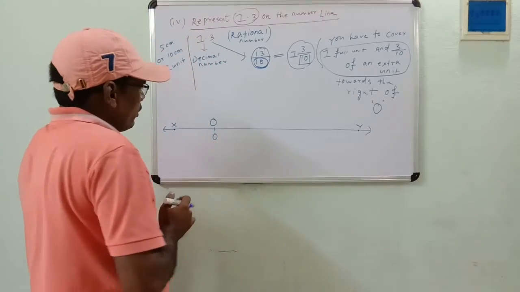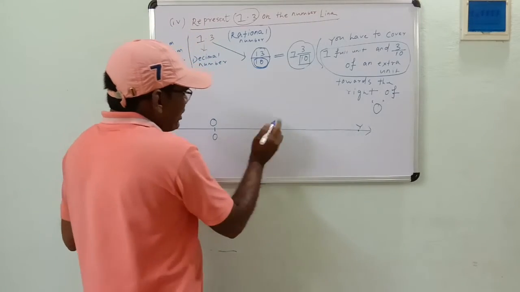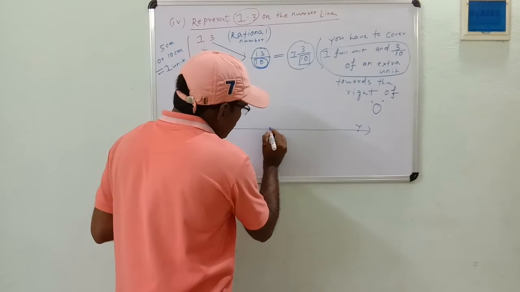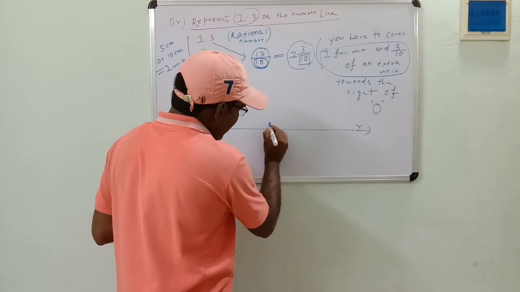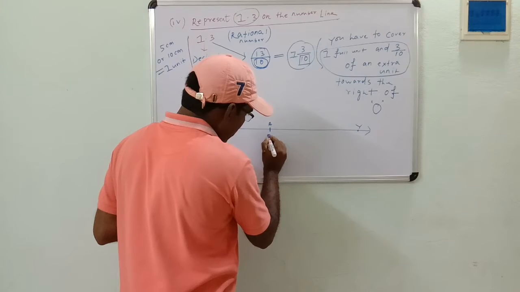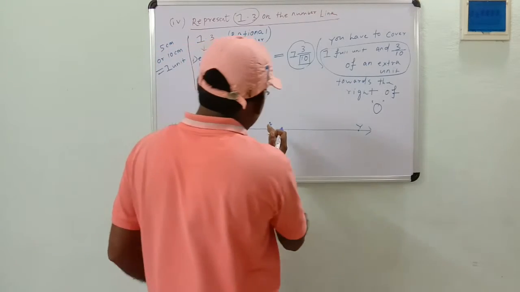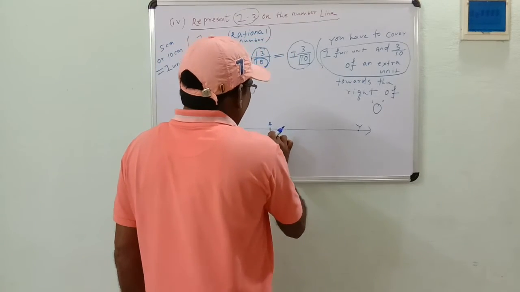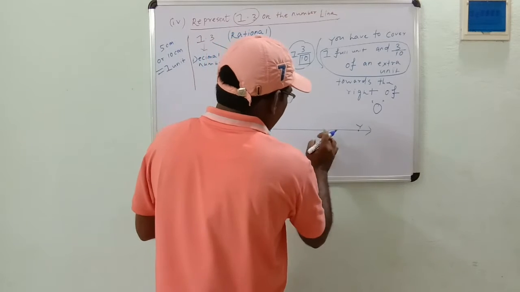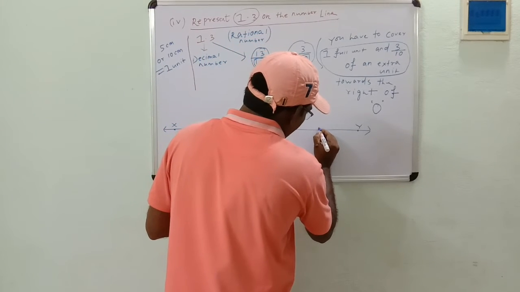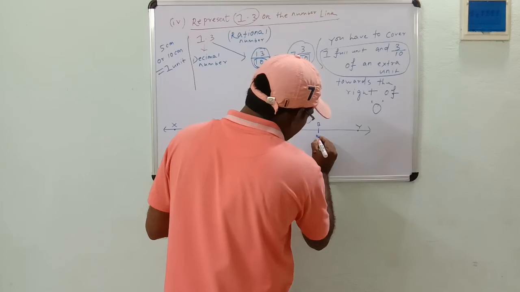Therefore, from 0 at 5 cm distance, you mark another point, that is A, and it will represent 1. Now from A, at 5 cm distance, mark the next point, that is B, and it will represent 2.